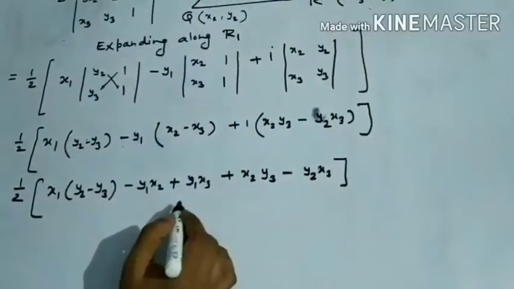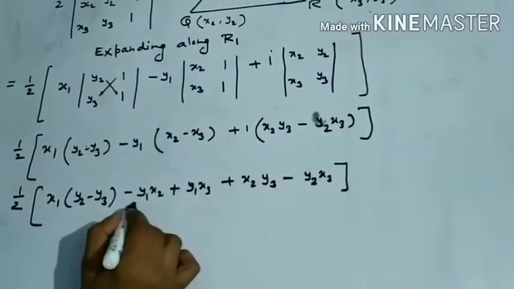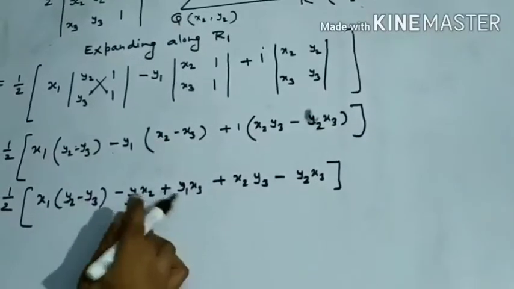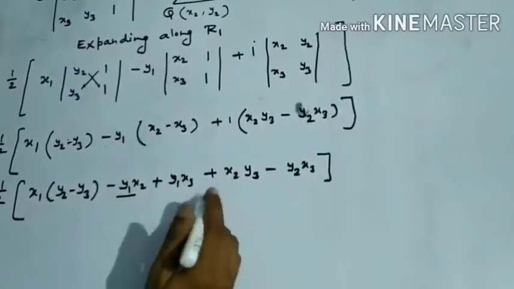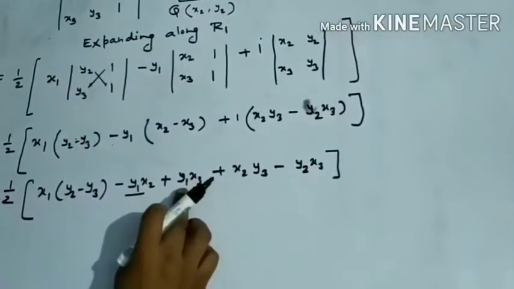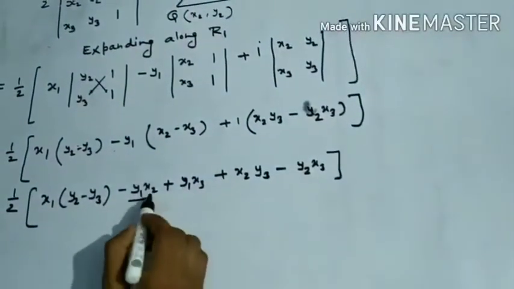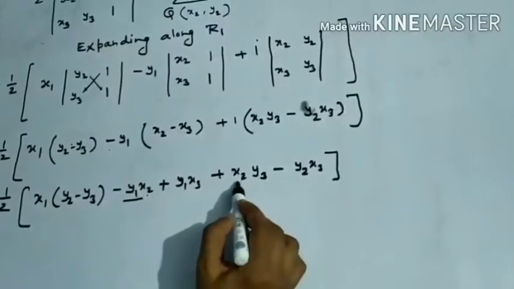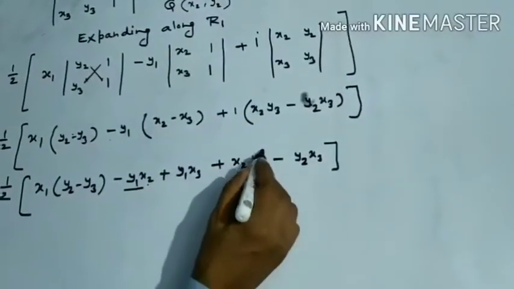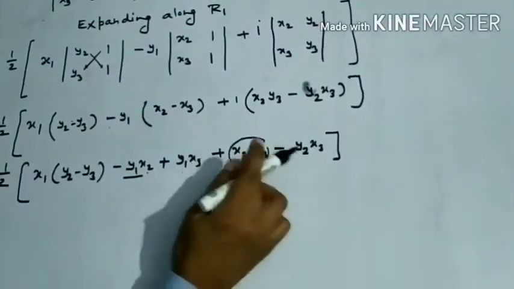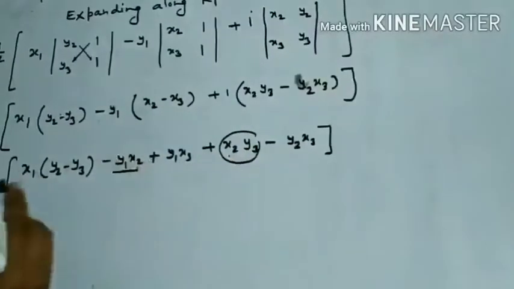Now you can see the terms y1 x2 and x2 y3 both have x2, so from these we take out x2.